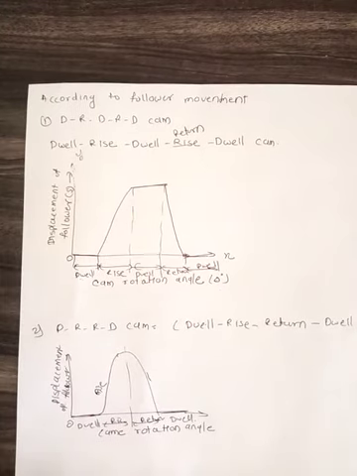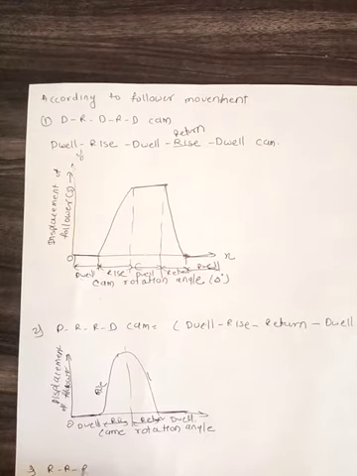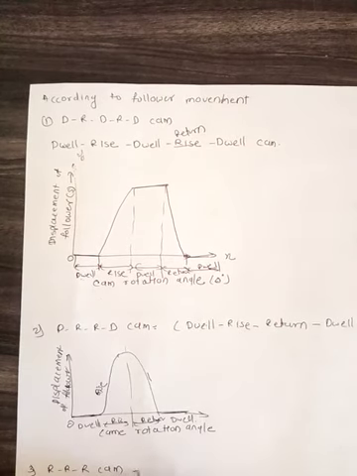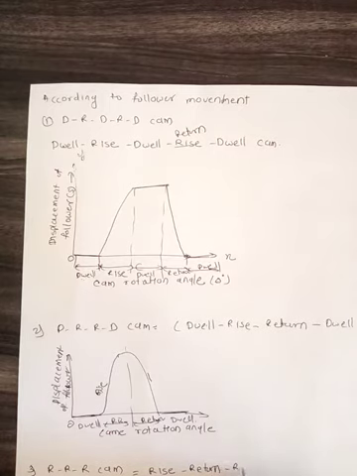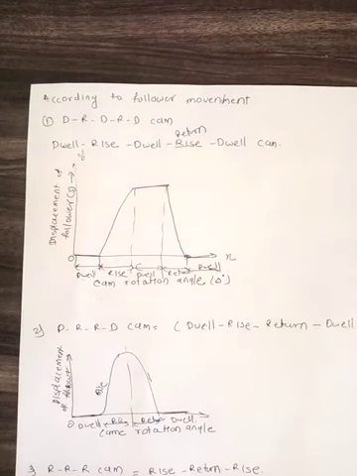The next type will be the rise, return, rise, the RR cam, in which it is called rise, return, again rise, return, again rise.